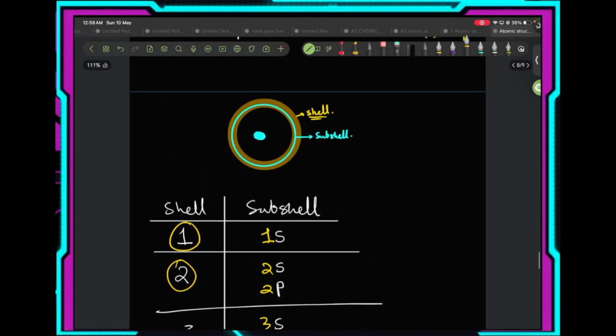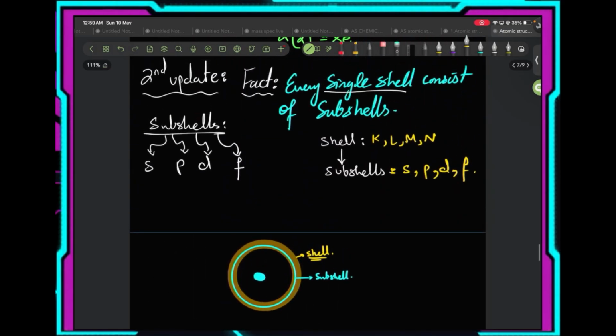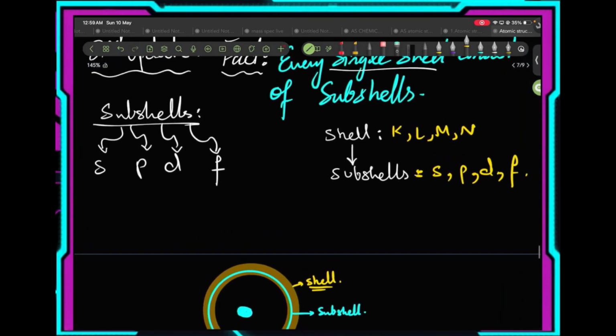Okay. Now the next thing, you just have to memorize for now because you will get used to this. You have to remember that S can accommodate a total of 2 electrons, no more than 2. The S subshell, I'm not talking about the shell, I'm talking about the subshell. Similarly, the P subshell can accommodate a total of 6 electrons, so 0 to 6 it can accommodate.